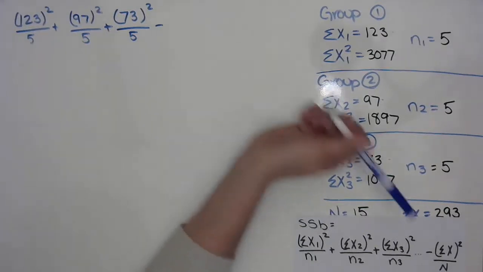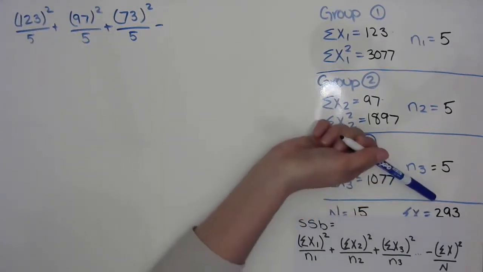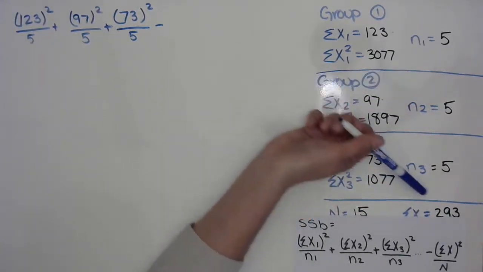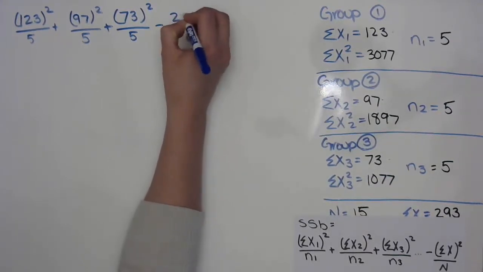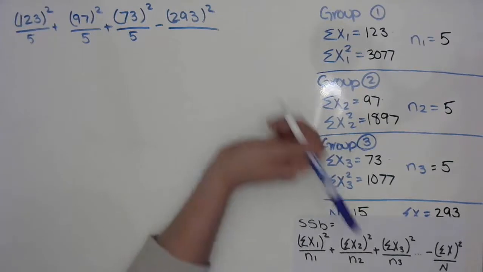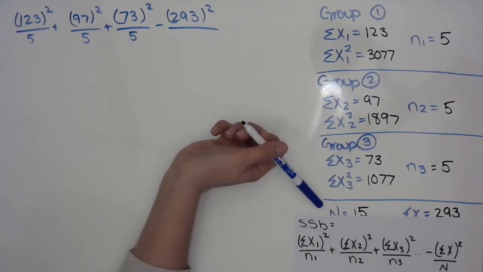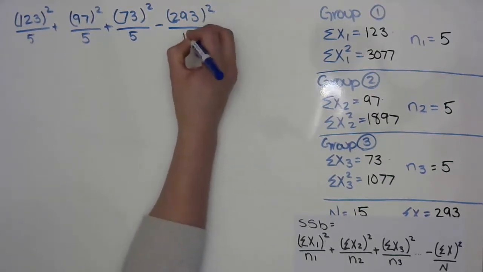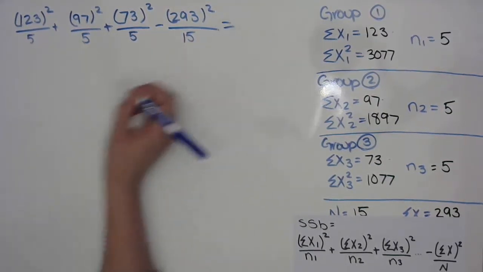Then we are going to subtract the sum of the raw scores for all of the groups, which is 293, squared, and that goes over the total n for all the groups, which is 15.